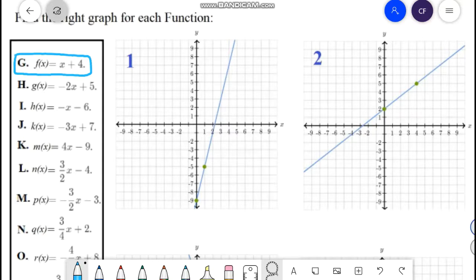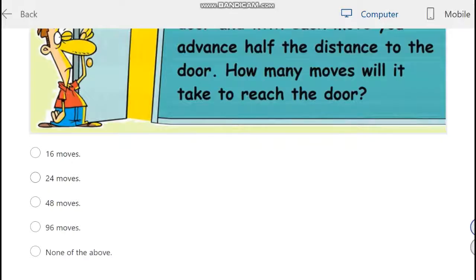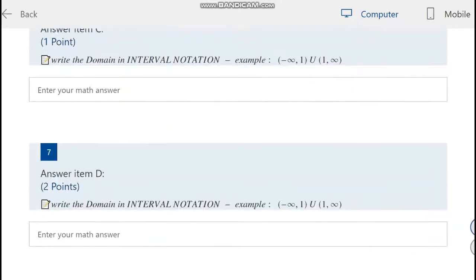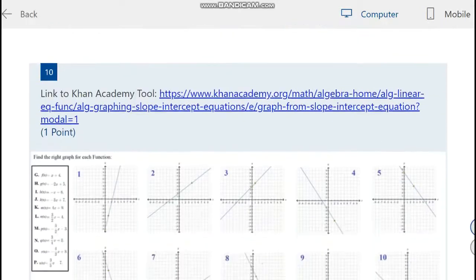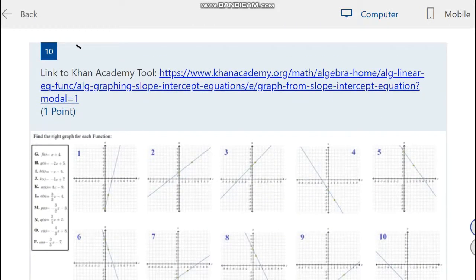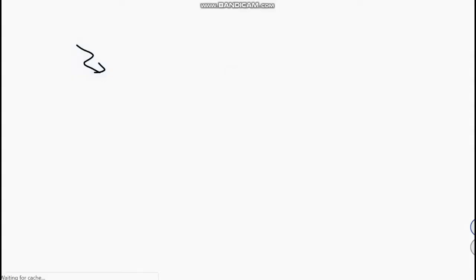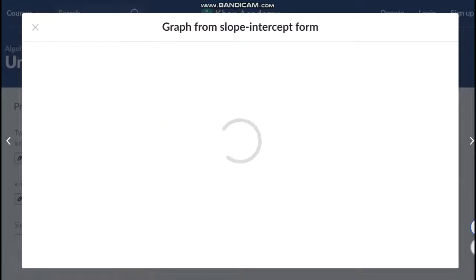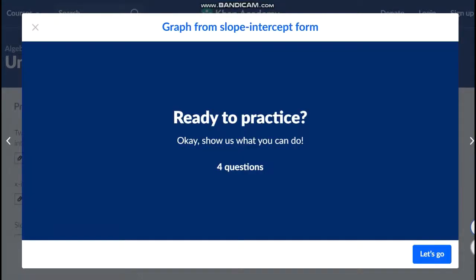I suggest you use this link. Check it out. This is Khan Academy, and click on it. It's a pretty interesting tool. This is going to open the graph from slope-intercept form.